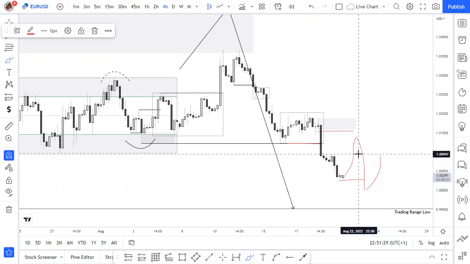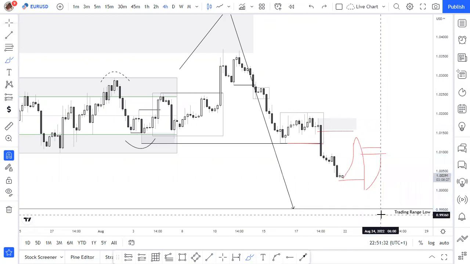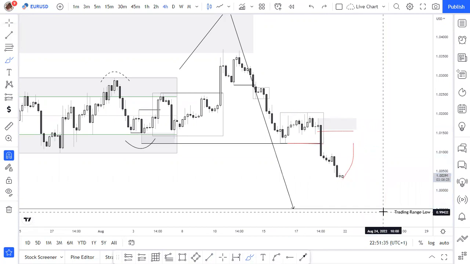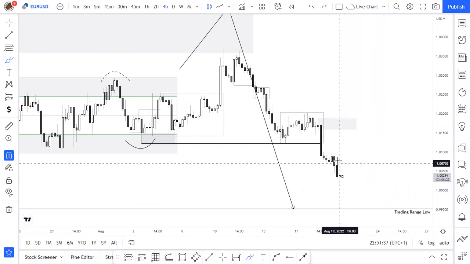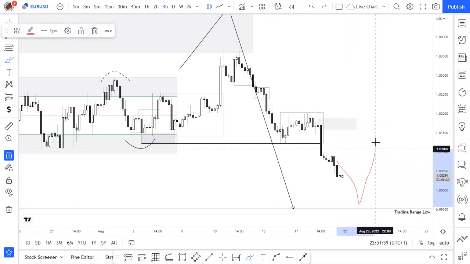Then we can confidently take trades from somewhere here. But for price to even do that, it might want to come down to this level before pulling back. We don't really know where price will pull back from, so we just wait and see how everything plays out.